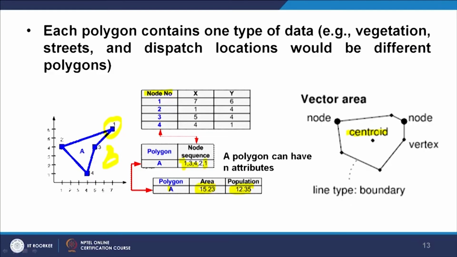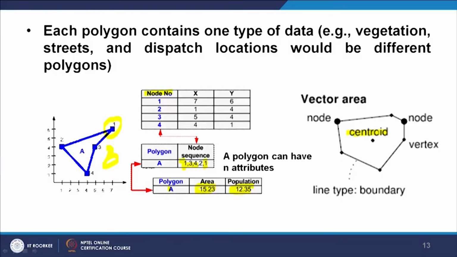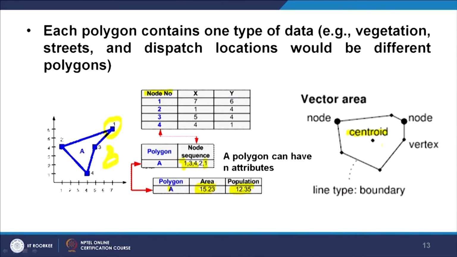One more piece of information which becomes very useful for some particular studies is the centroid, the center point of a polygon, that is called the centroid. That is also stored or can be created automatically in standard GIS software, and this information becomes very useful many times, because for a polygon, which is a 2-dimensional entity, now you have a point and you can attach many things to that point, and this point is unique for each polygon.